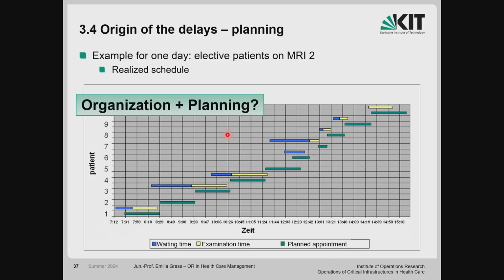Yeah, please. No, that the patient is waiting. So blue is the patient comes in, waits, and then when the yellow starts, the treatment for the MRI starts. So the patient is simply waiting.